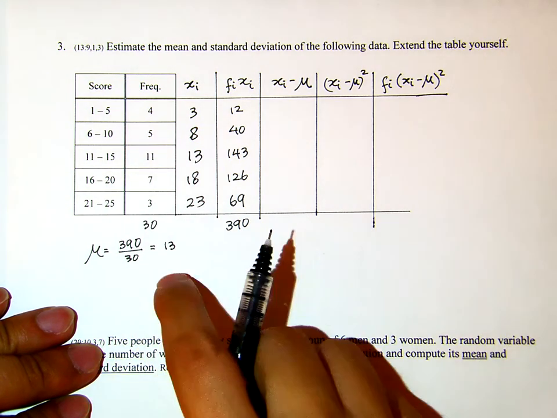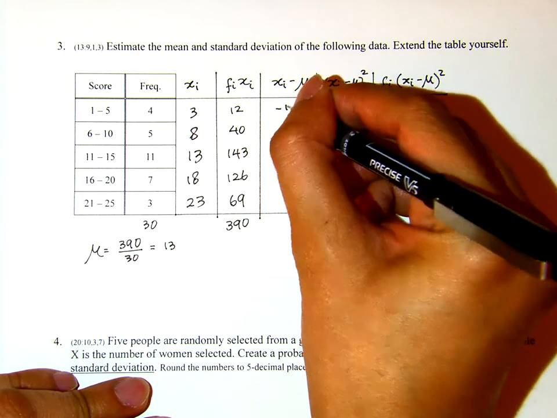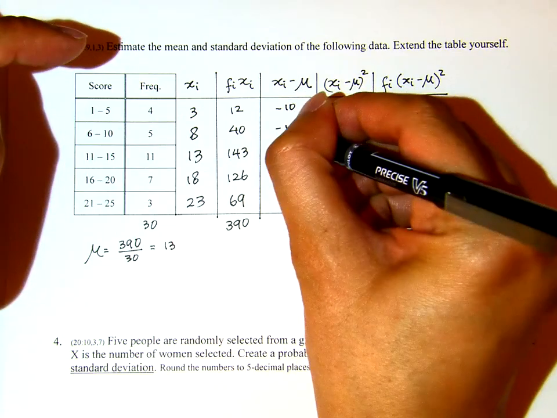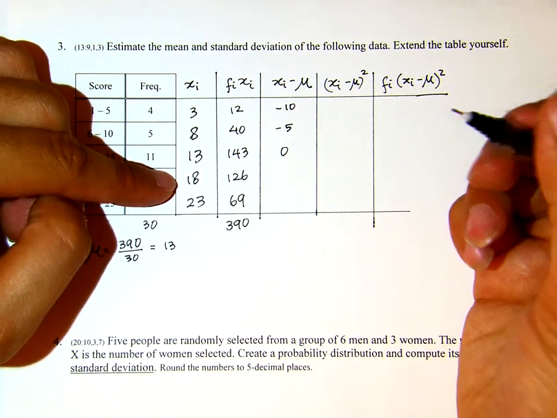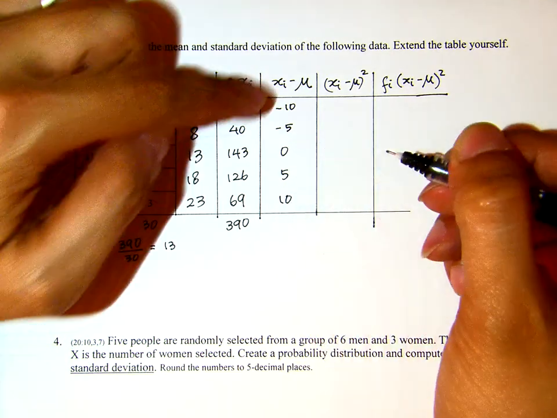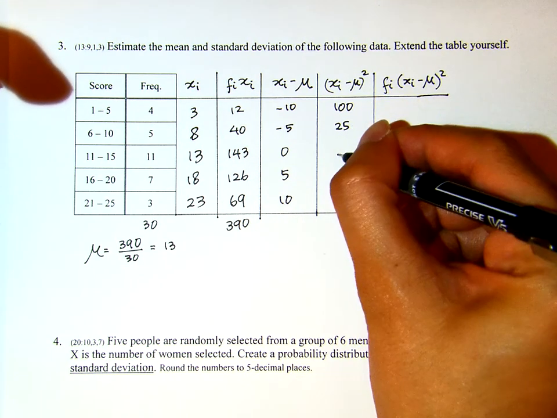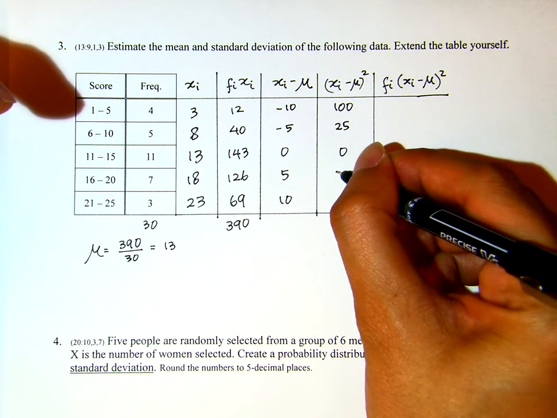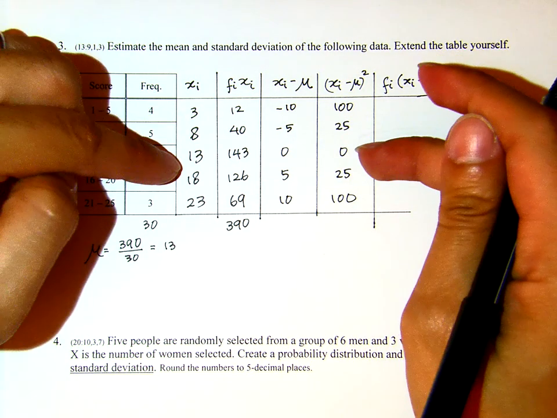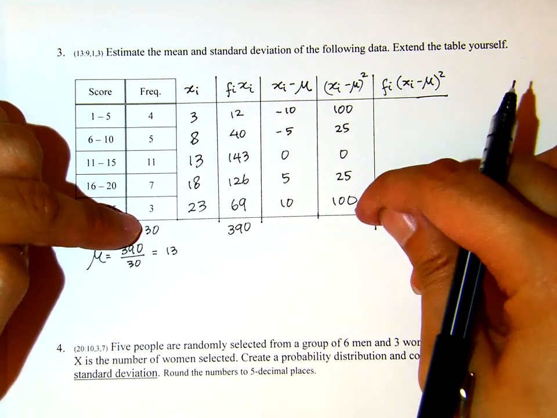Okay, now this is the number we subtract from each midpoint. This will then be negative 10, right? 3 minus 13, 8 minus 13 is negative 5, 13 minus 13 is 0, 18 minus 13 is 5, 23 minus 13 is 10. Then from there I square it. I hope this is an easy task for you, because it's just squaring 5 and 10, and then multiply by the frequency.